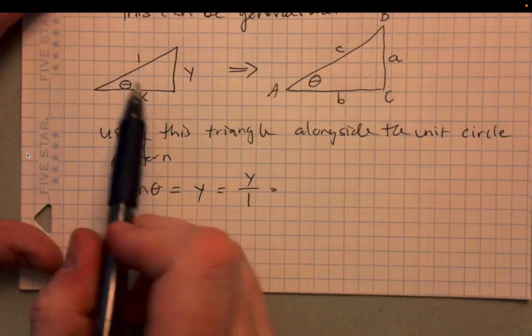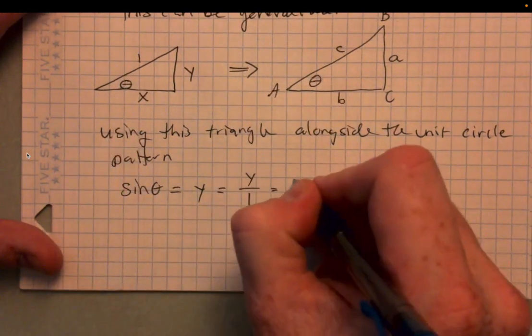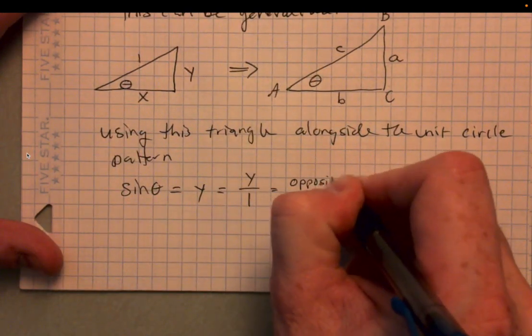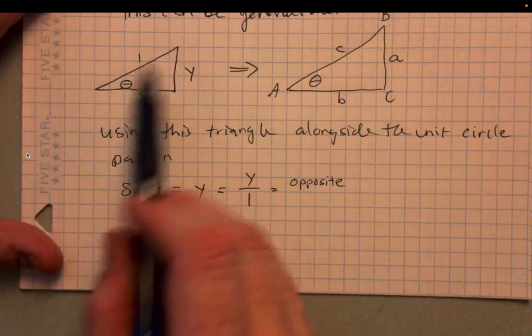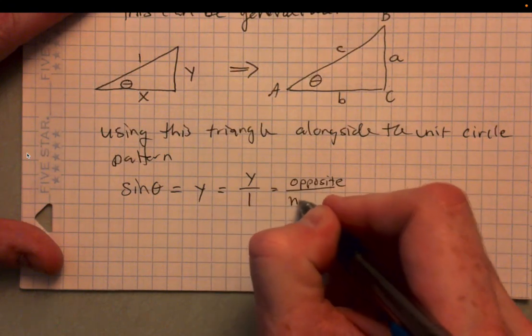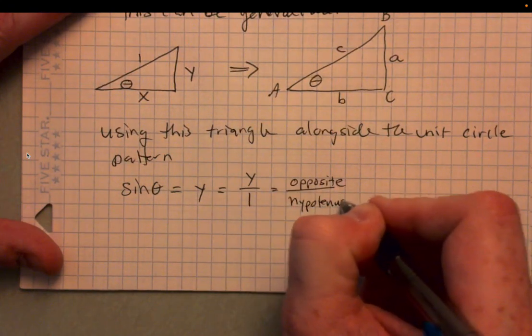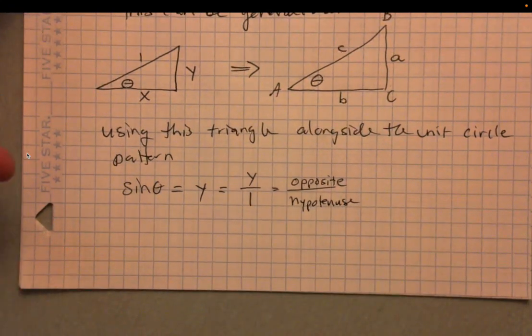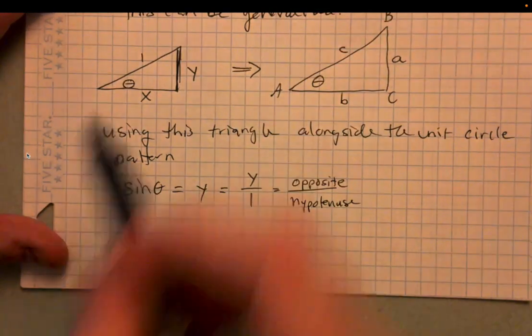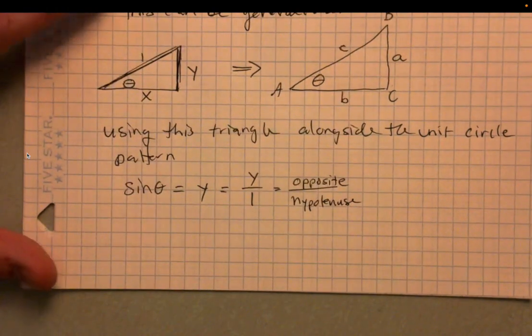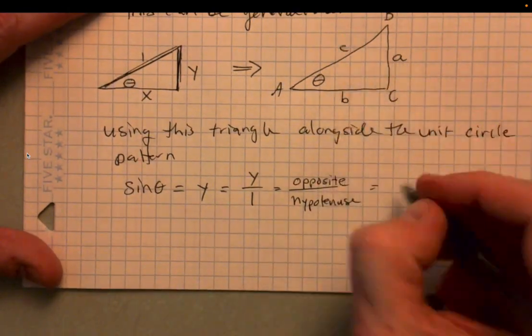What it really is, is the side opposite theta, so we'll write opposite, divided by this side here, which is called the hypotenuse. So it's the opposite side divided by the hypotenuse. And so in our new triangle, it's a over c.